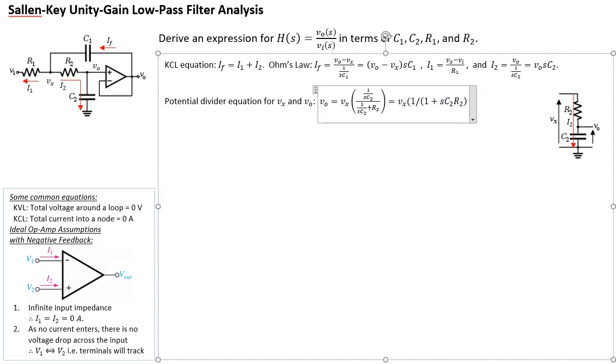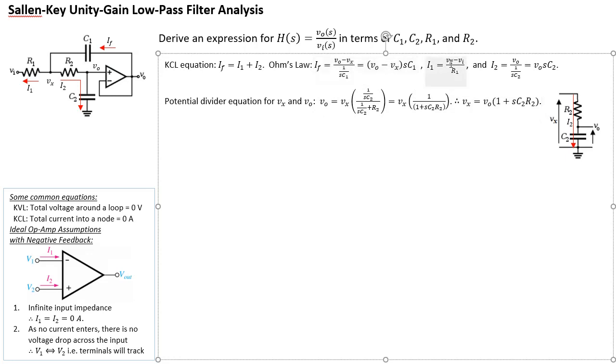So that's the equation for Vo. Since I want it in terms of Vx, therefore Vx is simply equal to Vo multiplied by 1 plus SC2 R2.